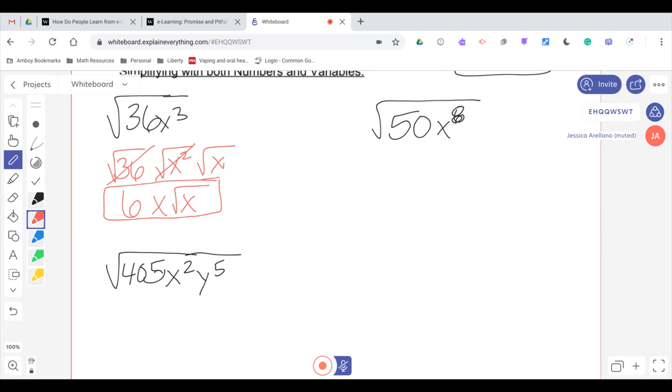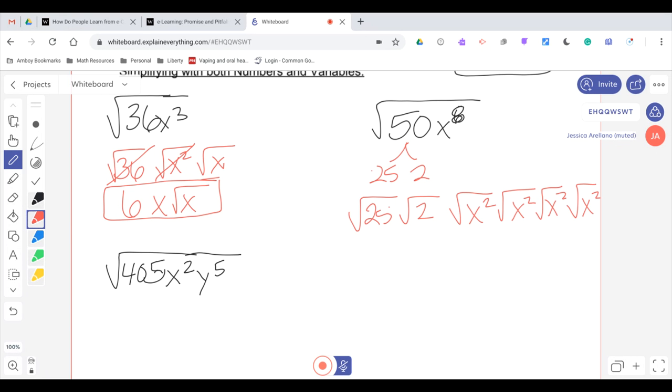My 50x to the 8th, let's see, 50, the largest square number that goes into it is 25. So I'm going to split this into 25 and 2. And then I have 4 pairs of x squared. 1, 2, 3, 4.